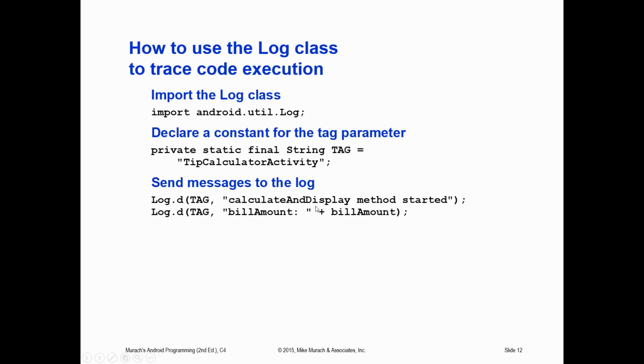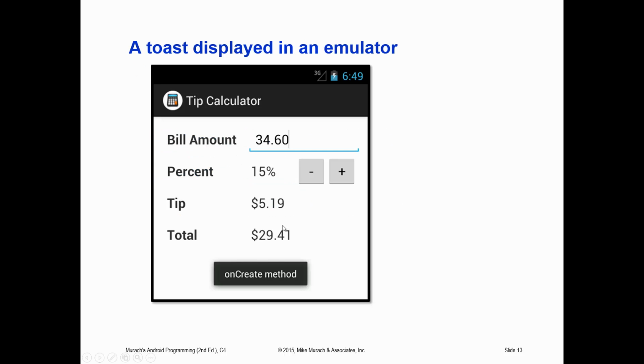So it's going to tell us that we literally got into the calculateAndDisplay method. You can put anything you want in here, and this will allow us to print out the value that's in the bill amount. So it provides a fairly simplistic way to trace the execution of an app. And again, the messages will be shown in the logcat window.